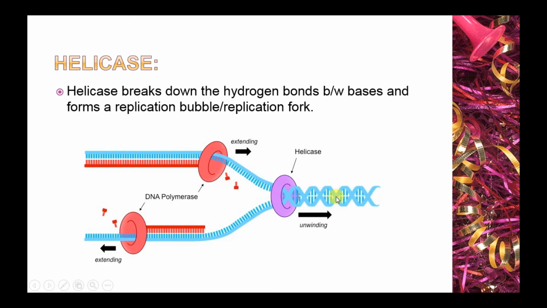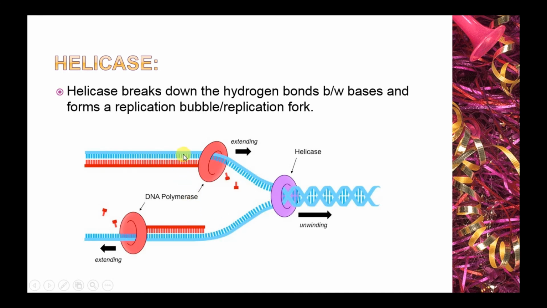Now what will helicase do? It will break down all these hydrogen bonds so that the two strands may unwind. You can see this is helicase working here, and it will work as an unbinding or unzipping enzyme that will break down hydrogen bonds between the nitrogenous bases so that the two strands of the parent may separate.